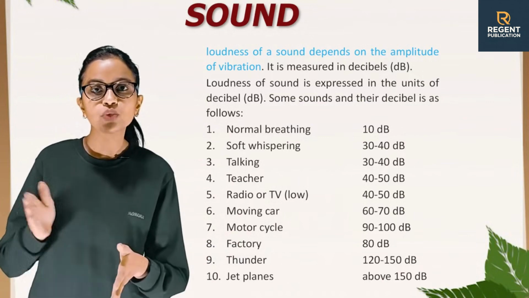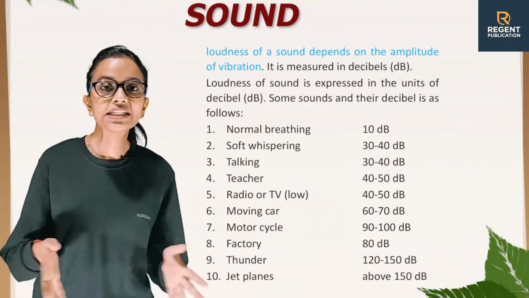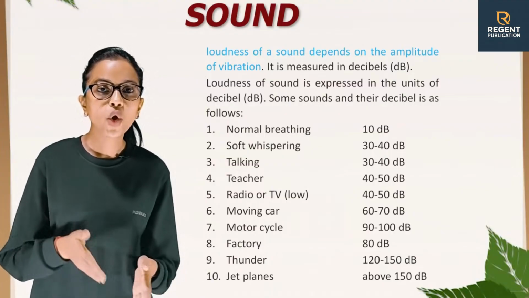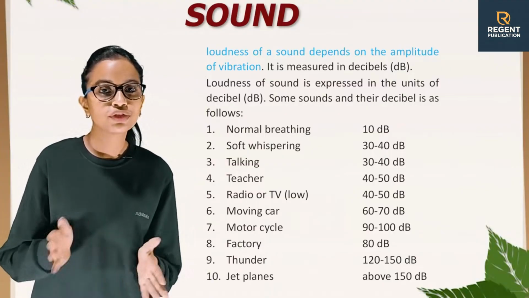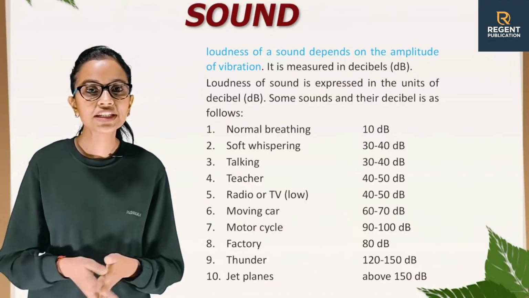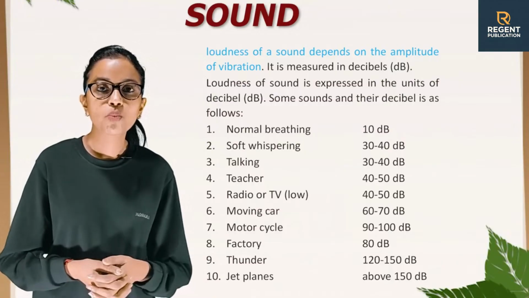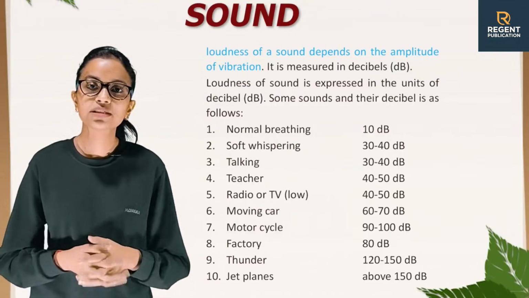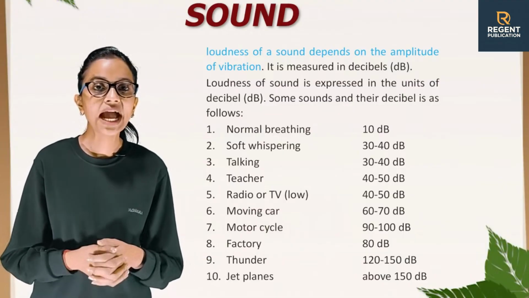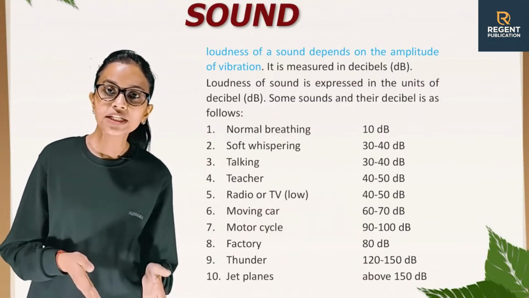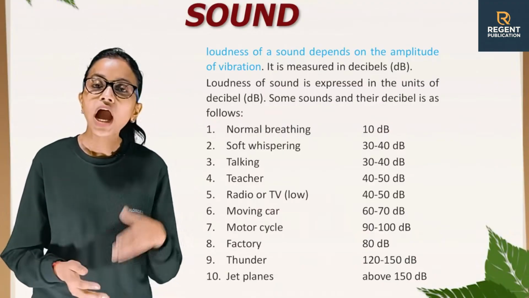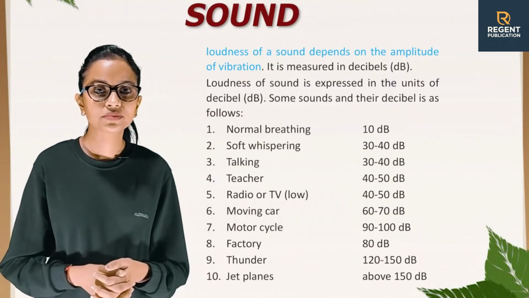Talking, 30 to 40 decibel. 4th, teacher, 40 to 50 decibel. 5th, radio or TV, 40 to 50 decibel. 6th, moving car, 60 to 70 decibel. 7th, motorcycle, 90 to 100 decibel. 8th, factory, 80 decibel. 9. Thunder, 120 to 150 decibel. 10th, jet planes, above 150 decibels.